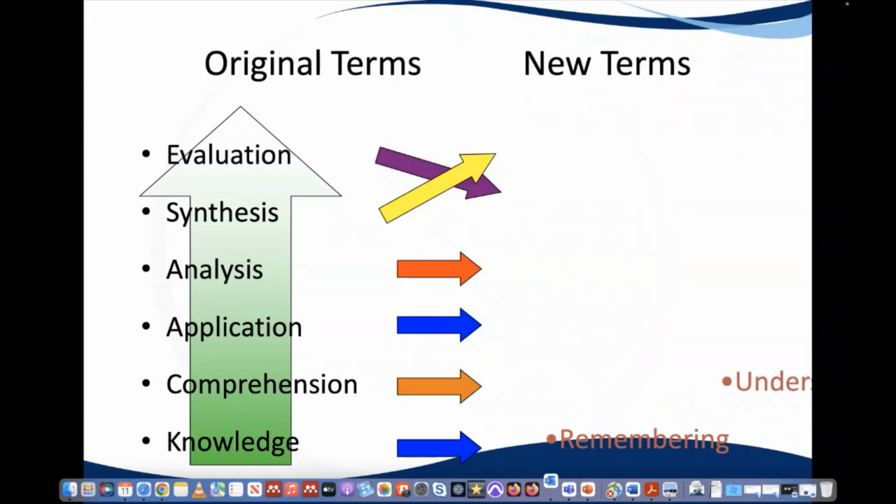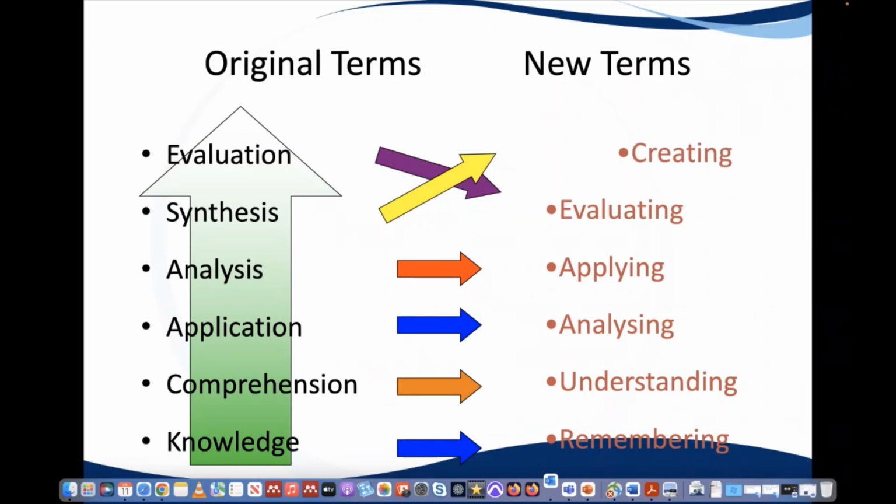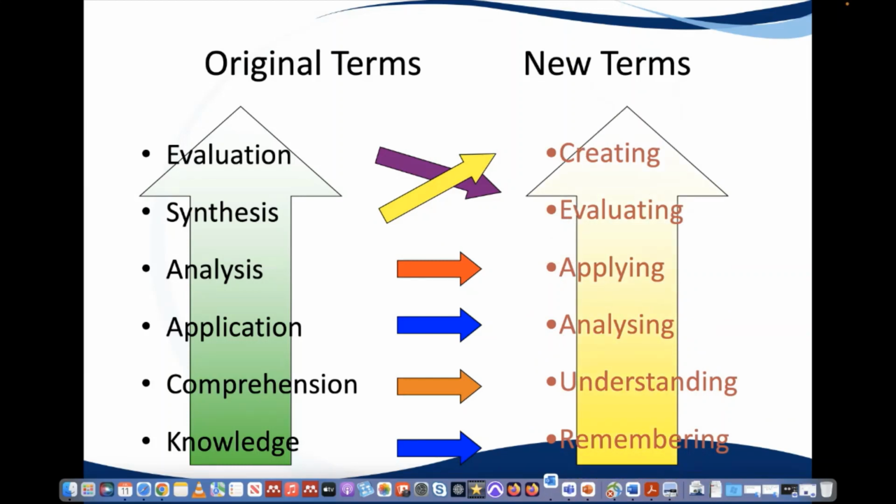Basically, when you read this, please read it from the bottom to the top, the bottom being the easiest form of knowledge, and the top being the most difficult type of knowledge. And Bloom's work, although it was quite seminal, has been revised by people. The current format that we use has the new terms that you've got on the right of the screen.